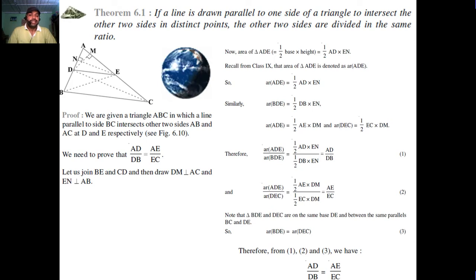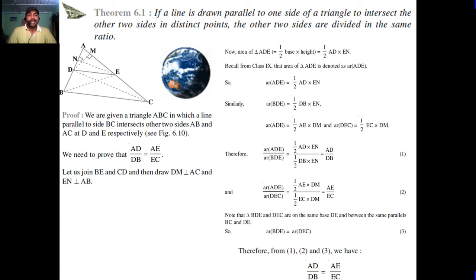Area of BDE is equal to 1 by 2 BD into EN. Area ADE is equal to 1 by 2 AE into DM and area DEC is equal to 1 by 2 EC into DM. Area ADE upon area BDE is equal to 1 by 2 AD into EN upon 1 upon 2 DB into EN, which is AD upon DB. Equation number 1.